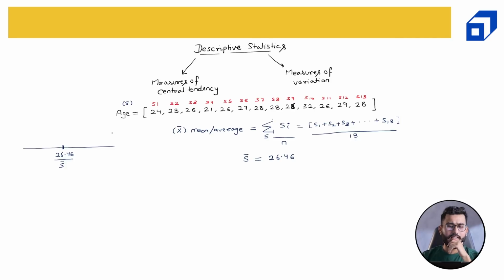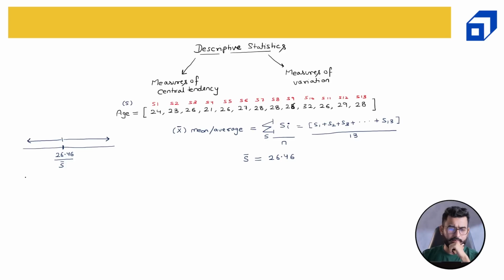Now what can we understand from this number? We can understand that below this point I'm having few observations. Above this point I'm having few observations. Now you already know that in the class I'm having 13 people. So what can we conclude?